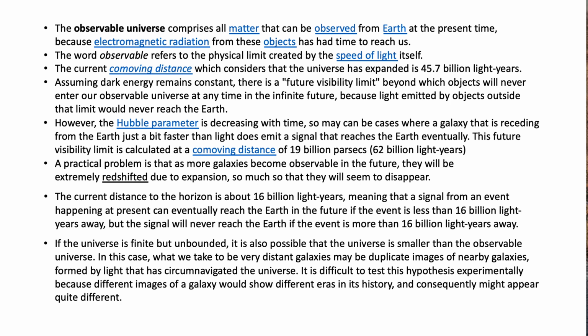It's possible the universe that we observe is smaller than these numbers that I've been throwing around, because a smaller universe might have light in it that has propagated around the entire universe and come back more than once to encounter our telescopes.